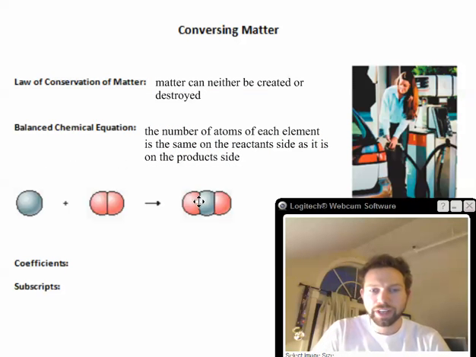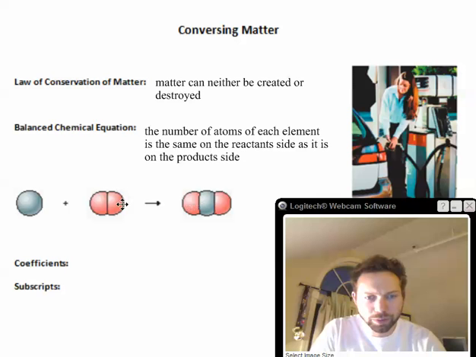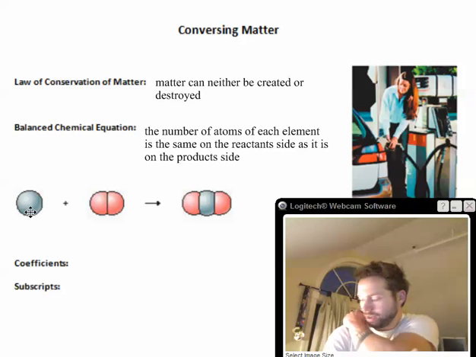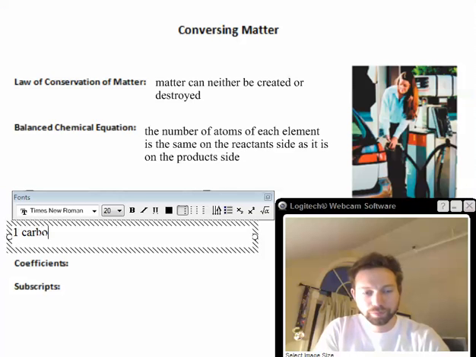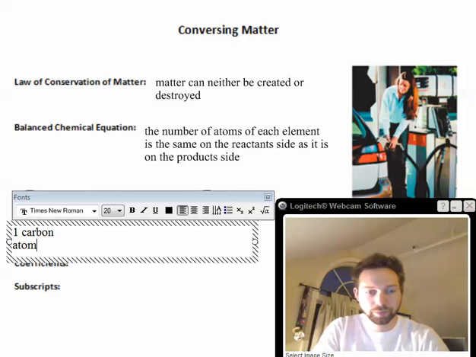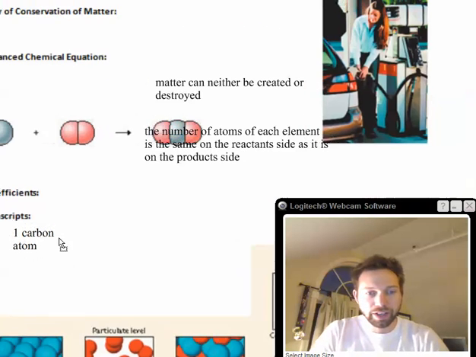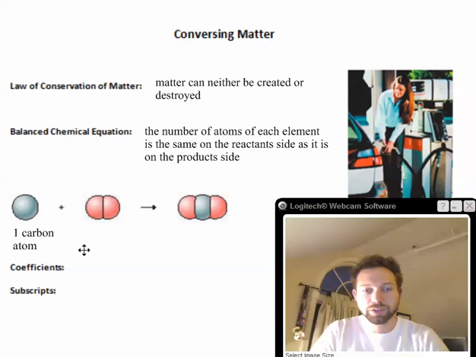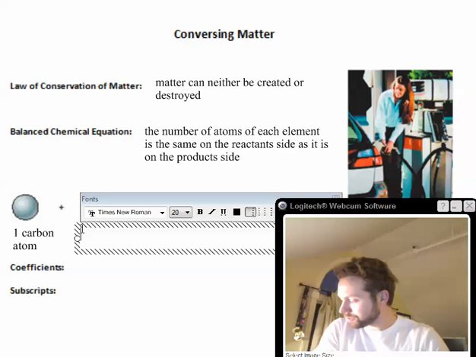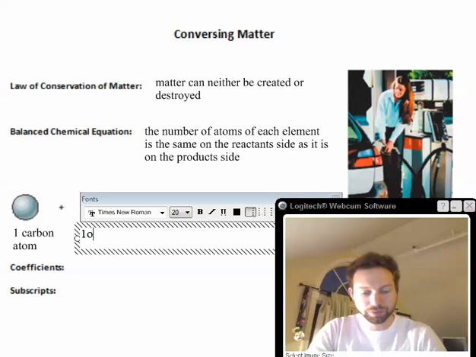Take, for example, this picture here. We have the reaction of one carbon, and that carbon atom is reacting with oxygen gas. So this is one oxygen molecule.